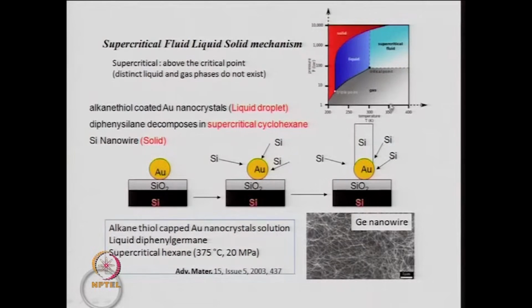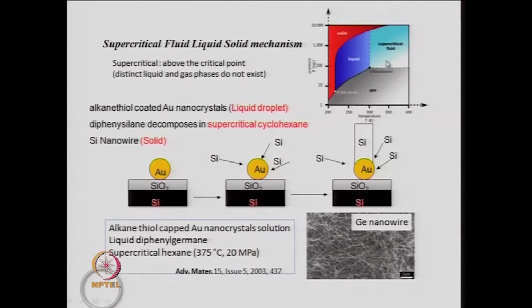But if you are somewhere here, it is a gas. Now, you keep increasing the pressure, it will become a supercritical fluid, because now it has no boundary. It is neither a gas nor a liquid, or you do not have distinct liquid and gaseous phases. So, that point beyond which liquid and gas phases do not exist separately is called the critical point.